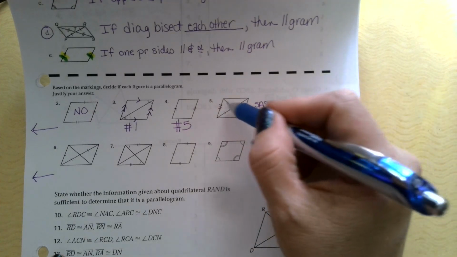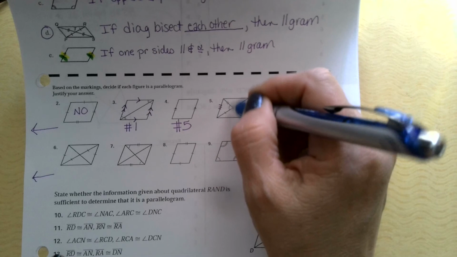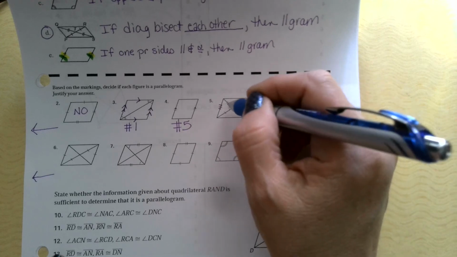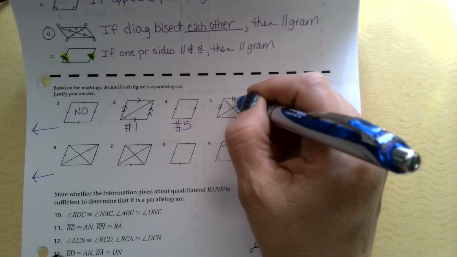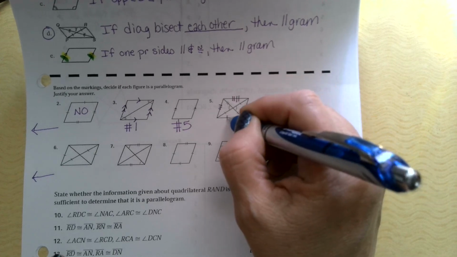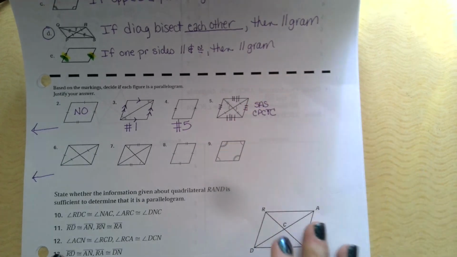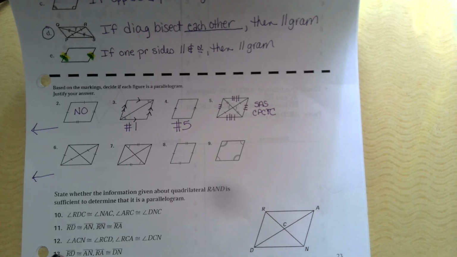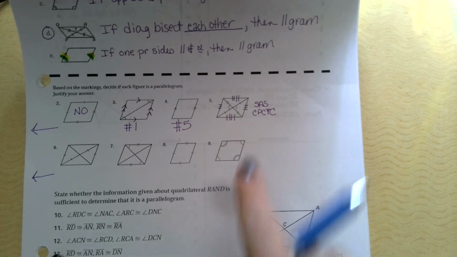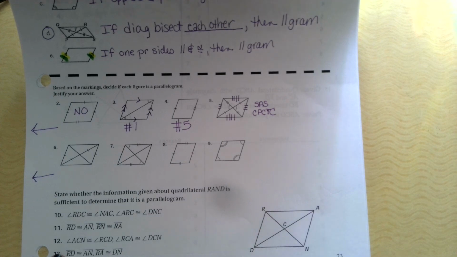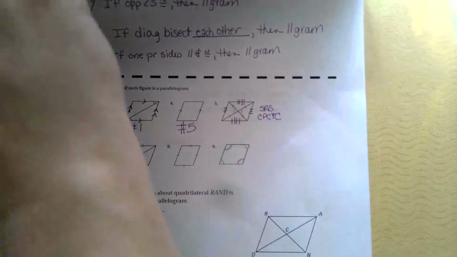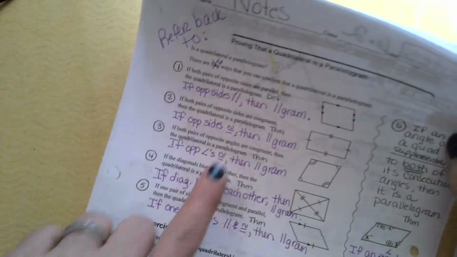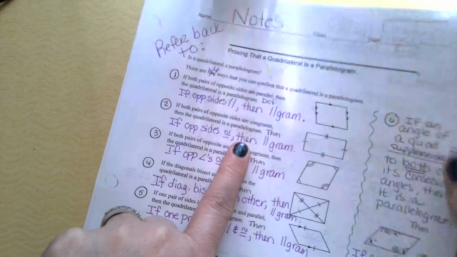Okay, well, I know if I have the vertical angles this way, I also have the vertical angles this way. So I also have side angle side with these triangles, and I also have another CPCTC that I could use to show those pieces are equal. Okay, so it's just using CPCTC. This would be a great proof. So the reason is if opposite sides are congruent, then I have a parallelogram, okay, which is number 2.